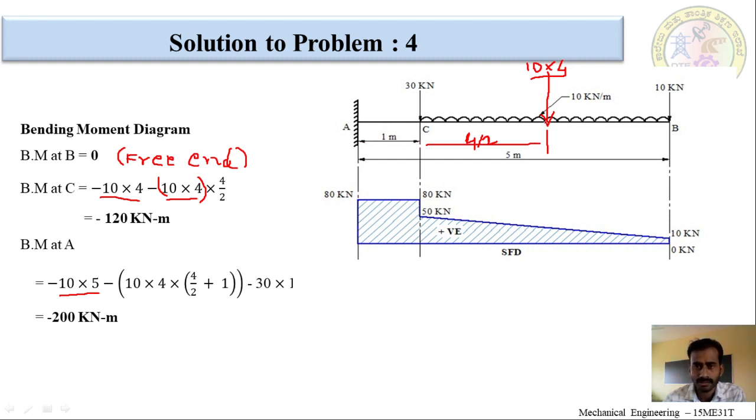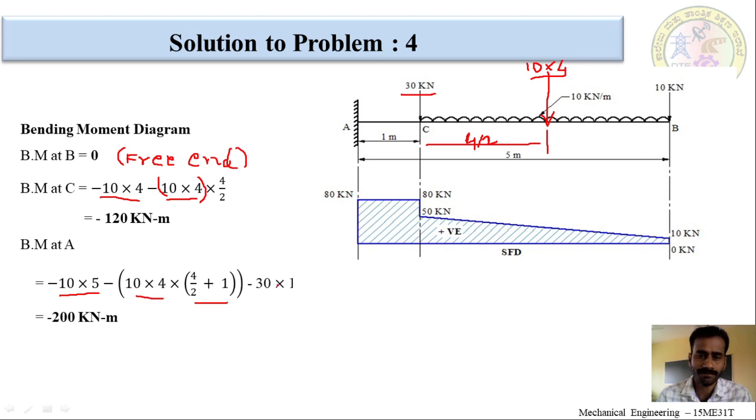So, from this point to this point A, distance will be 4 by 2 plus 1. So, this is the load and this is the distance we have multiplied to get the moment of the UDL.